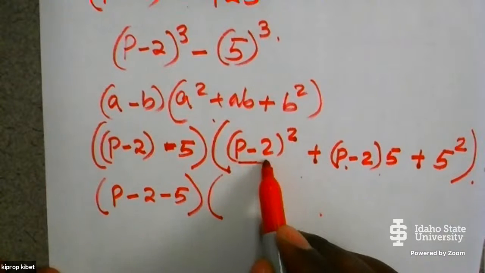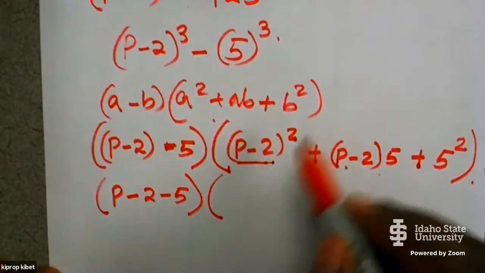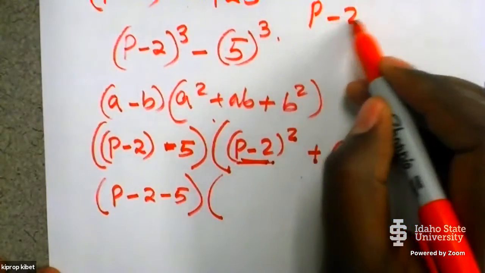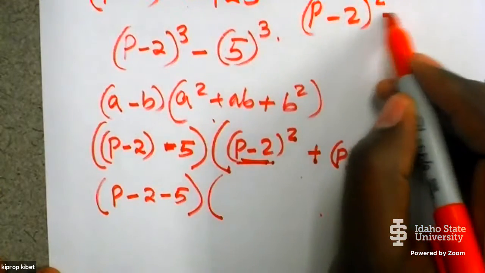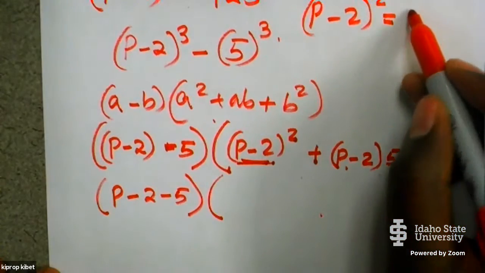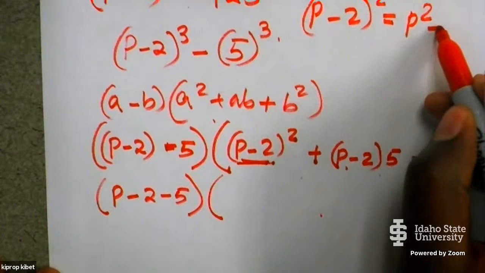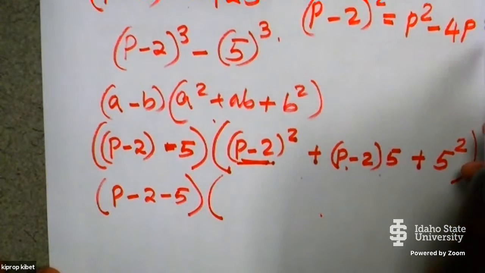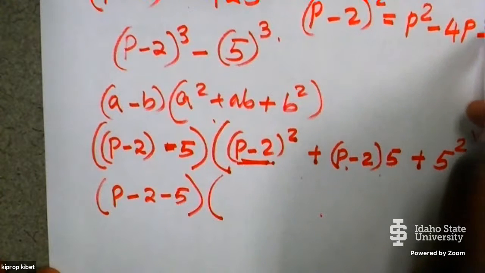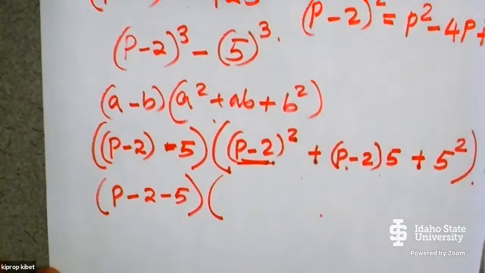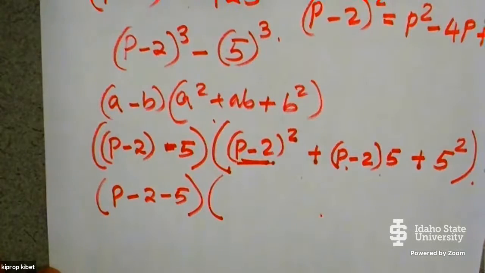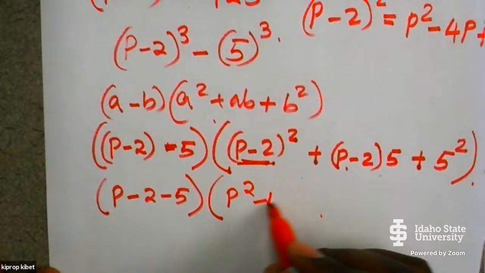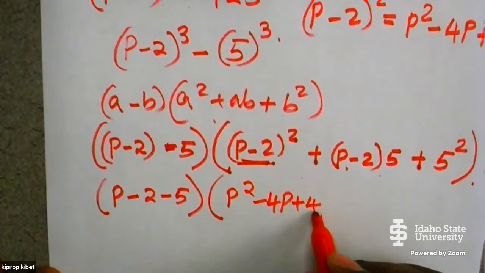When you open this one, p minus 2 squared is p squared minus 4p plus 4.